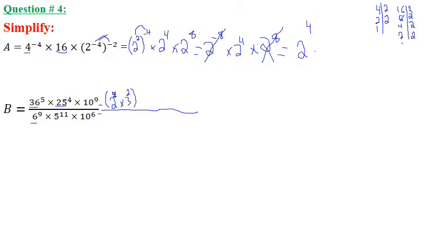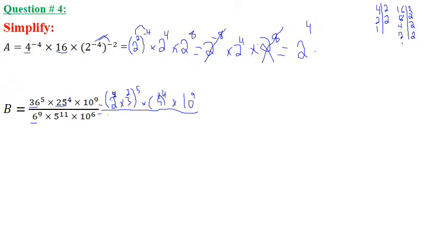These are the prime factors of 36, all of it to the power 5 times. If we write 25 as prime factors, it is 5 times 5, which is 5 squared, and outside we have to the power 4 times. Let's keep now the base 10 after we simplify.